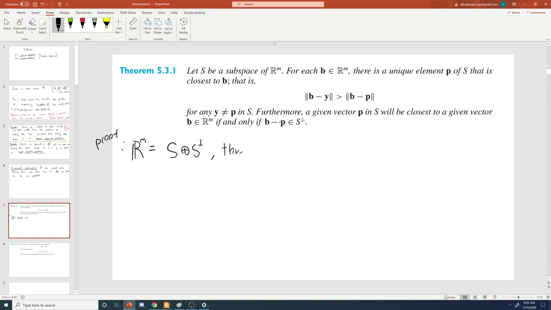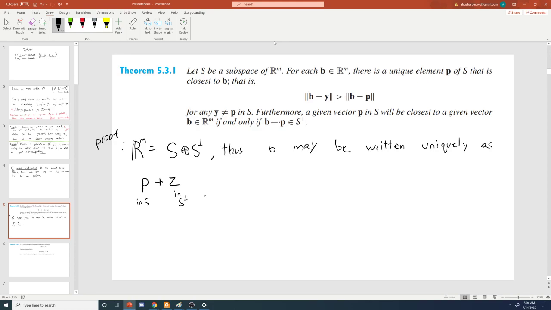Thus, b may be written uniquely as p plus z, where p is in S and z is in S perp, the orthogonal complement of S.